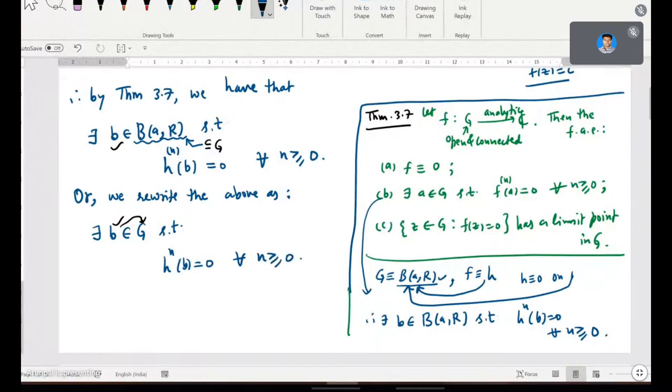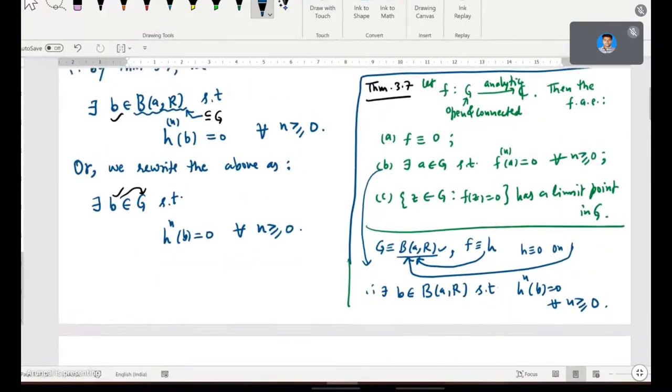Is this okay? And now, this time you have b available, so condition B holds, and B implies A because they are equivalent.